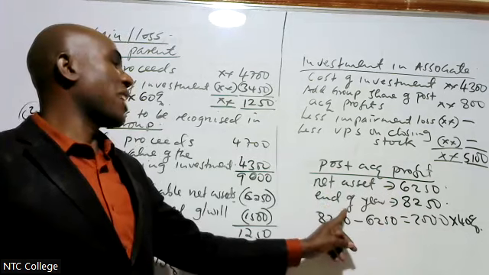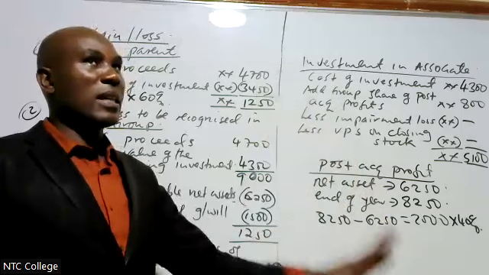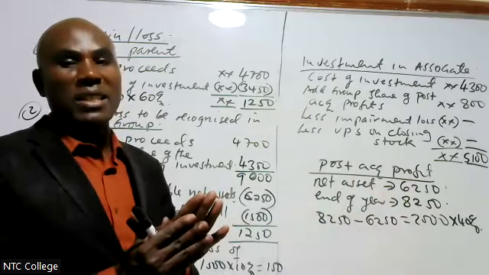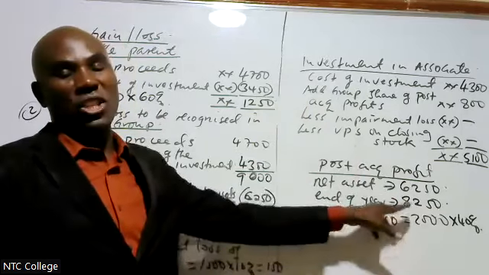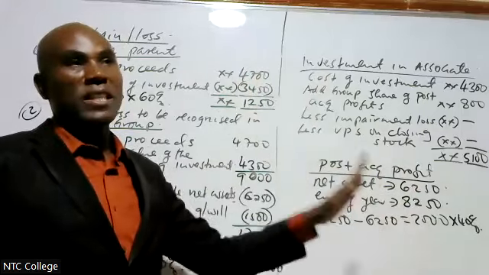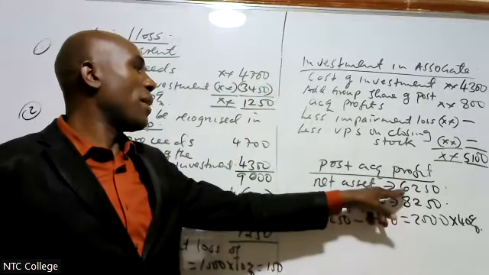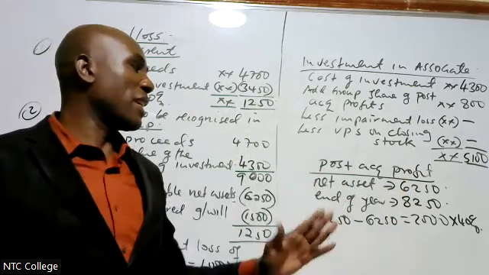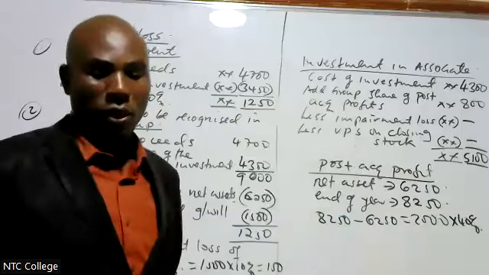In the balance sheet, ordinary share capital, share premium, retained earnings, total net assets come to 82.50. When I compare with the net assets on disposal of 62.50, the difference is 2,000. That 2,000 is what we are calling post-acquisition profit.